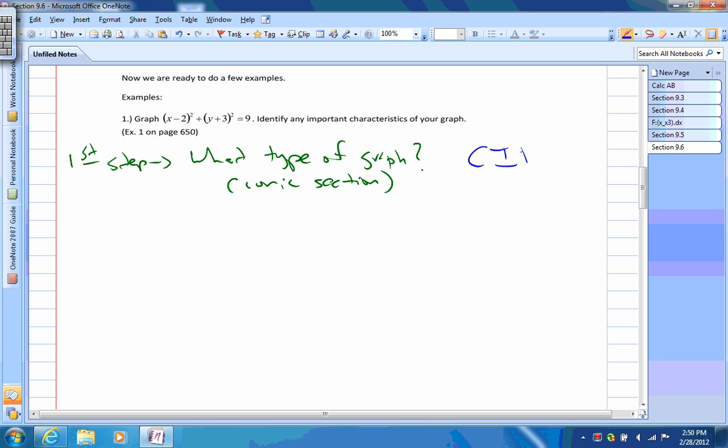Hopefully you could recognize this as a circle. That's because x and y are both squared, and positive, and have the same coefficients.